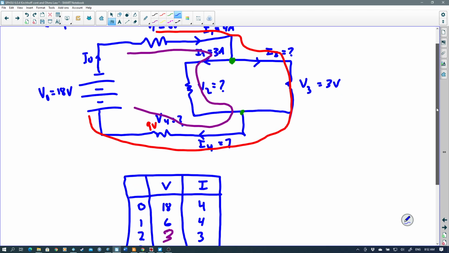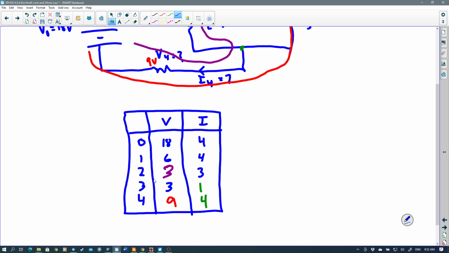So I like the table. It helps me organize things, and when we get into more complex resistances in parallel and series later, this will kind of help organize that. Now, in your lab, you also recently figured out that V is equal to Ri, or R is equal to V over I. Well, now that we have the V and the I here, we could actually divide those two numbers.